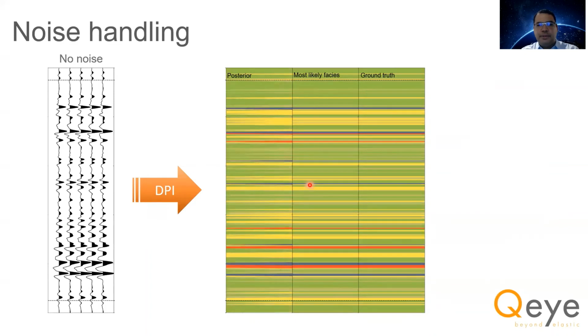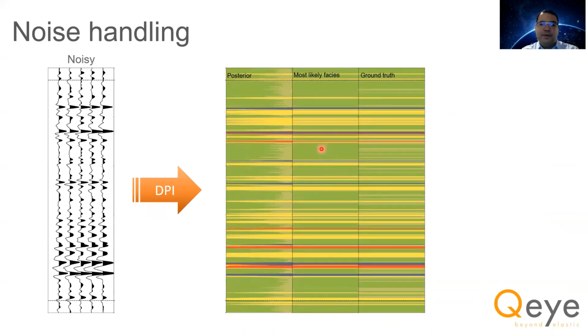Like, for example, you can see that now we didn't get many of those layers, or very thin layers, with the silt facies. Basically, what seems to have happened is that the introduction of noise into our problem harmed our ability to solve that ambiguity between the shell and the silt facies.